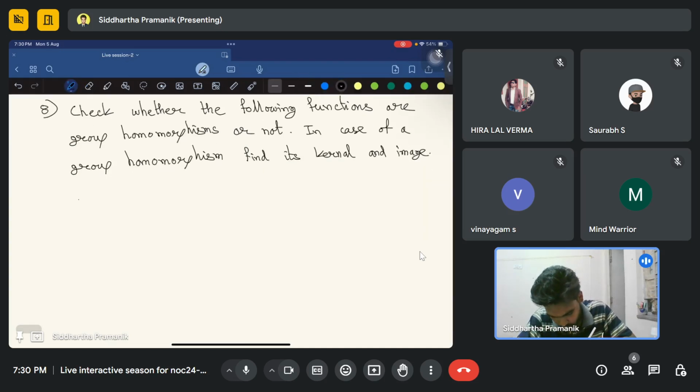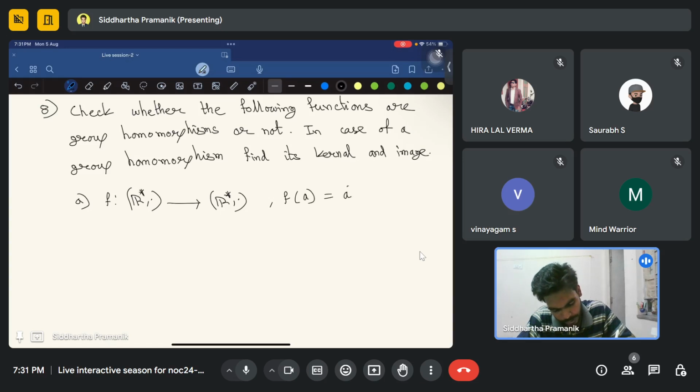So first one is f from the group R star, non-zero real numbers under multiplication, to R star, and the map is f of a goes to a square.